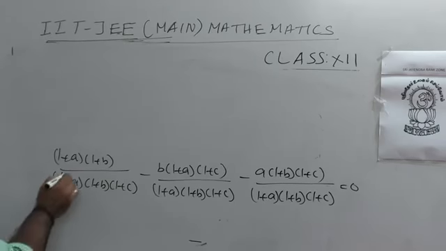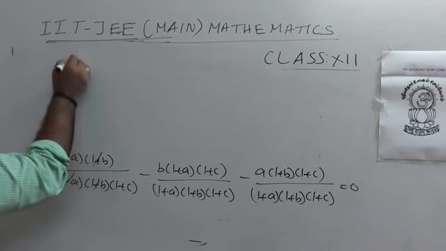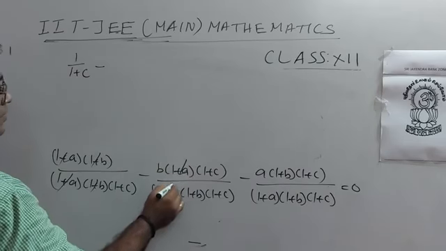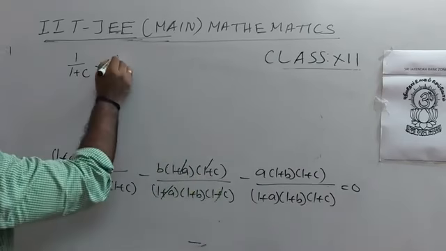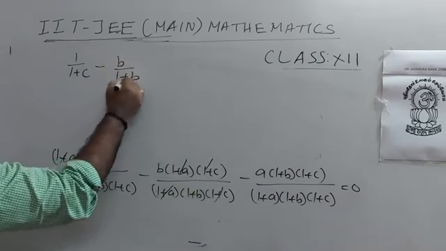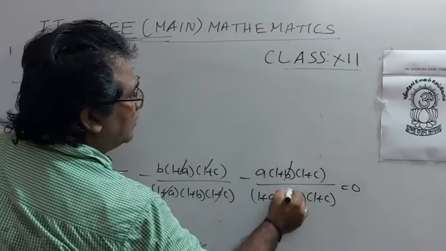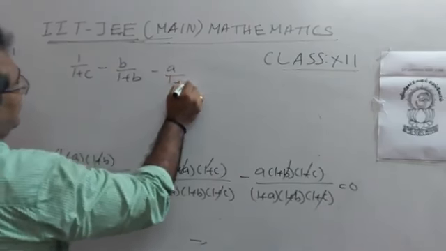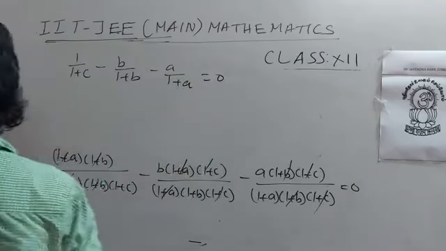So this will be cancelled. 1 by 1 plus c minus b by 1 plus b minus a by 1 plus a equal to 0.